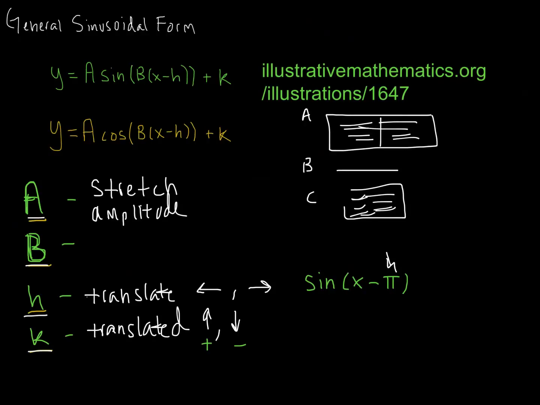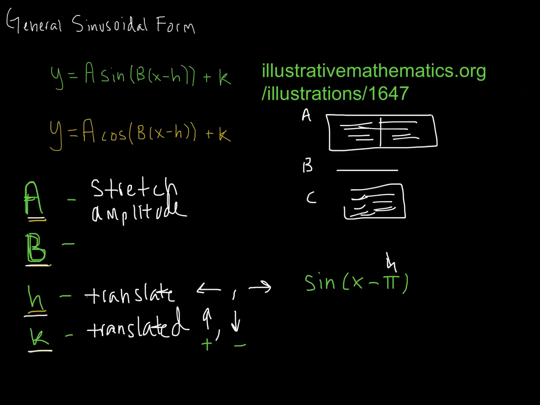So this means that your x value has to be pi before you can actually start your function. If you think about where the sine function starts, at an angle of 0 radians, you'll need an input of pi in order to get that. So this would move it to the right.